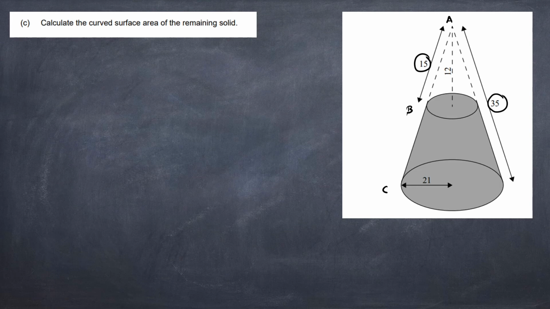So to get that, we need to find out CSA of the complete cone minus CSA of removed cone.